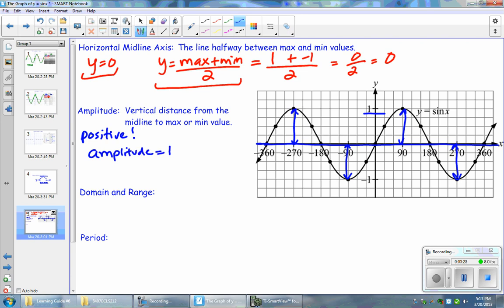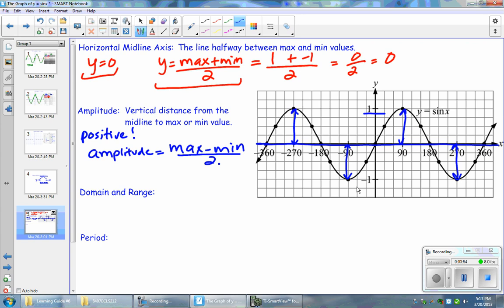Just like in my horizontal midline axis description, there is actually a really simple formula to help you find the amplitude if your values are too big to actually identify it. And that formula is as follows: amplitude is equal to max minus your min, over 2.